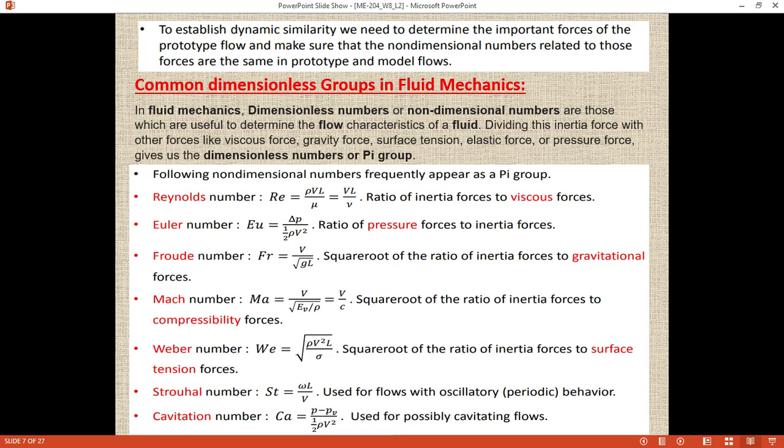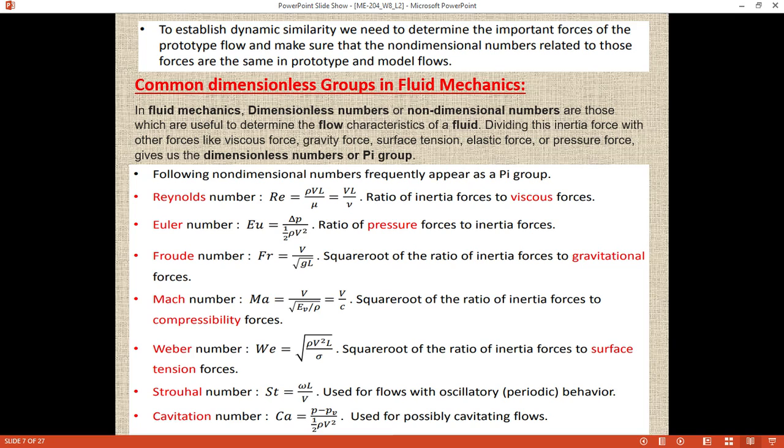How do we achieve the Reynolds number, what is it, and what is the importance of this number in the analysis of fluid flow problems? In fluid mechanics, dimensionless numbers are those which are useful to determine the flow characteristics of a fluid, that is, the dynamic characteristics.